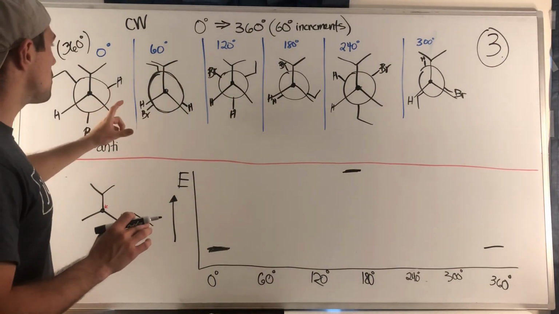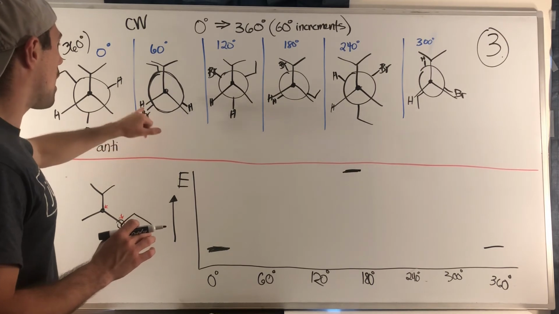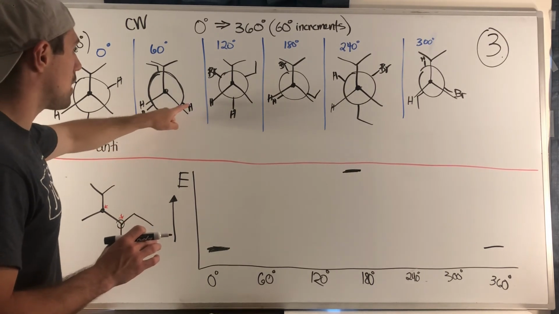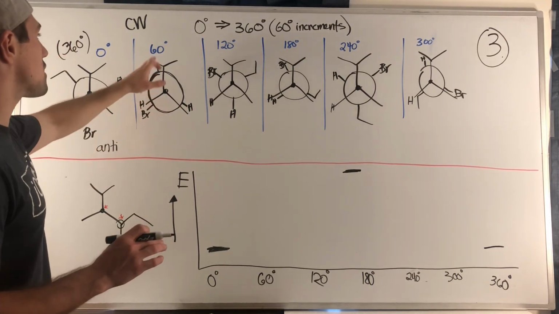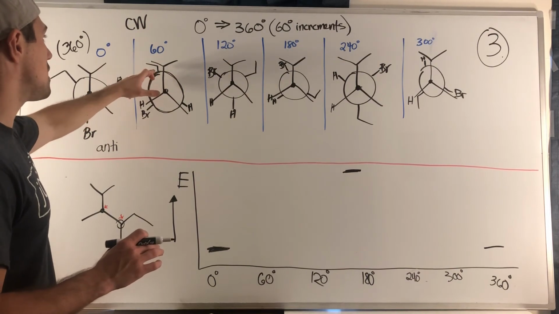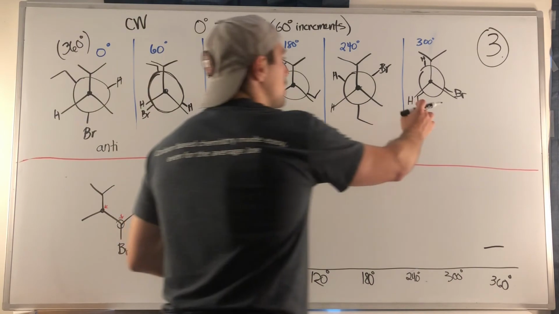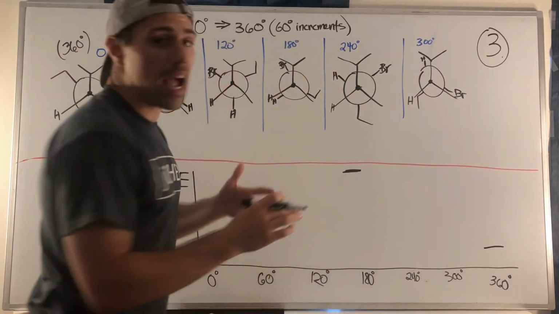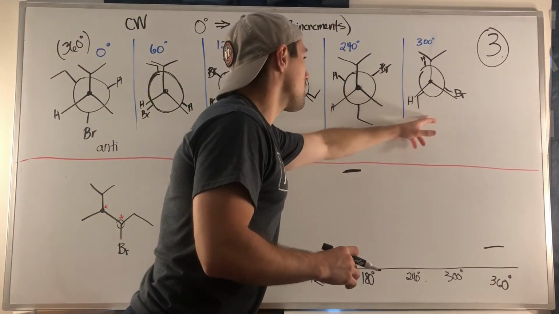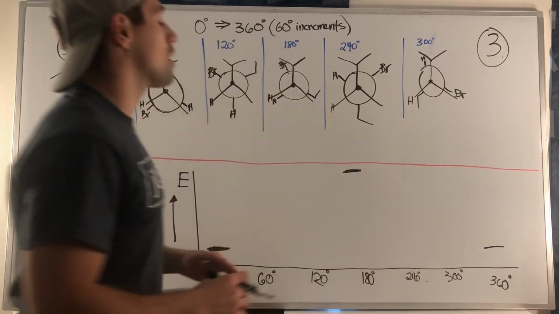So we really need to look at the fact that we have bromine and hydrogen eclipsed, methyl and hydrogen eclipsed, and this branched isopropyl and this ethyl group right there. And then at 300 degrees, we have bromine with a very tiny methyl group, the ethyl with a hydrogen, and then the isopropyl with a hydrogen.